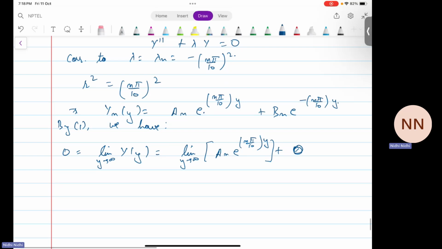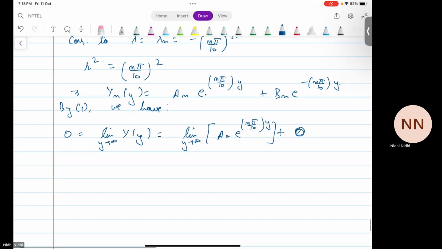So from here we must have A_n equal to 0, because if A_n is non-zero, in that case this limit y tending to infinity of Y_n will tend to infinity.